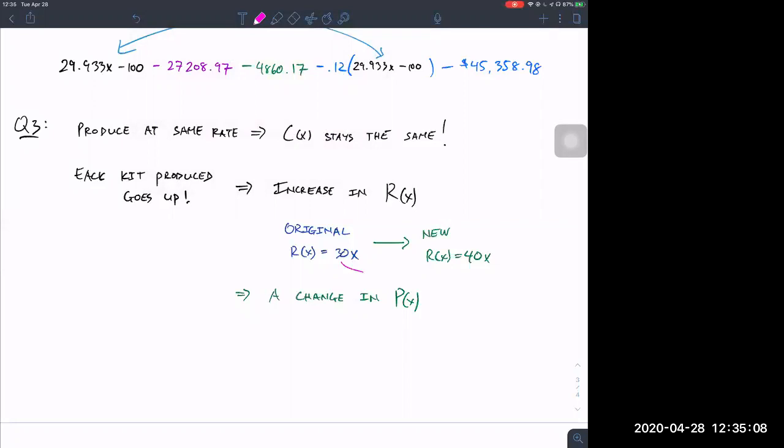Or you realize that this right here is a $10 increase, which also implies that the slope of P of X also increases by 10.